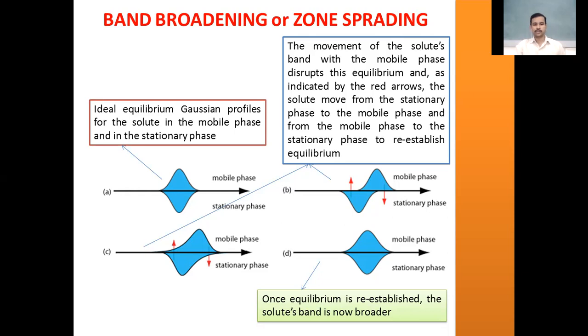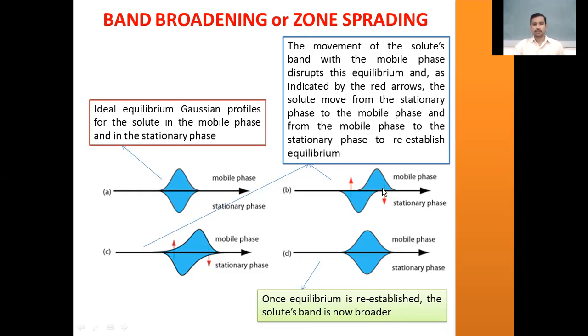Once the sample is introduced, different solutes are present in the sample. Each solute forms an individual band, and each band moves in its own way during the elution process in the chromatographic column. While doing so, the solute tries to re-establish the equilibrium that was disrupted.